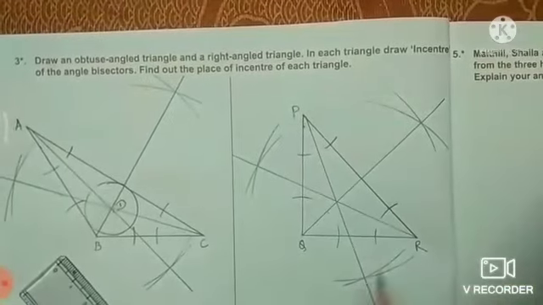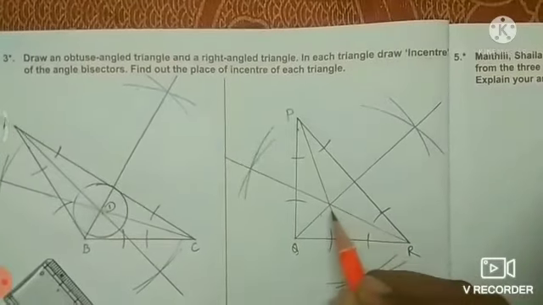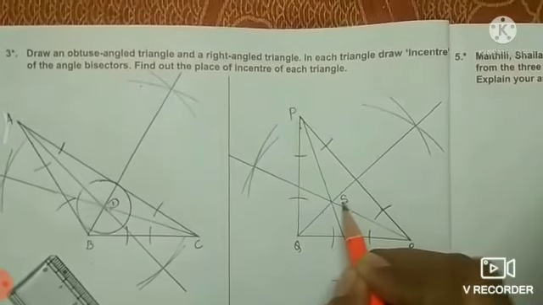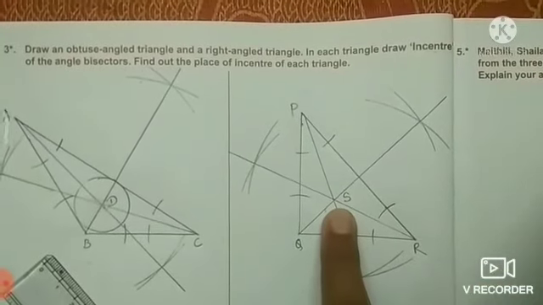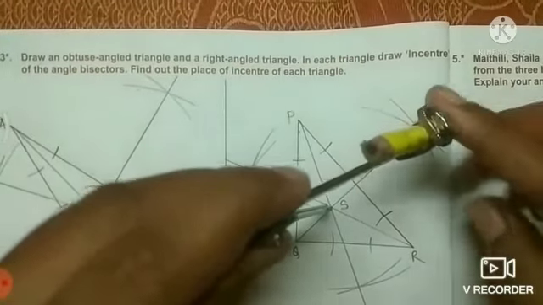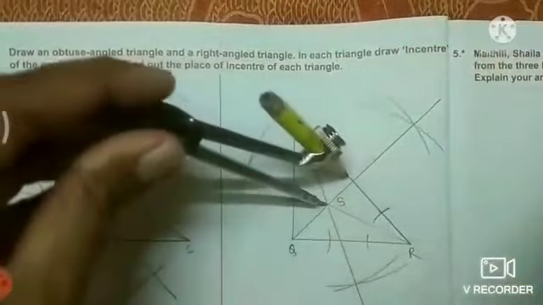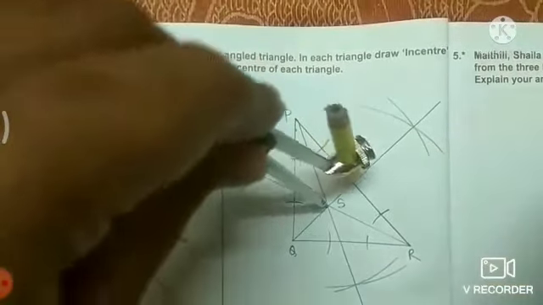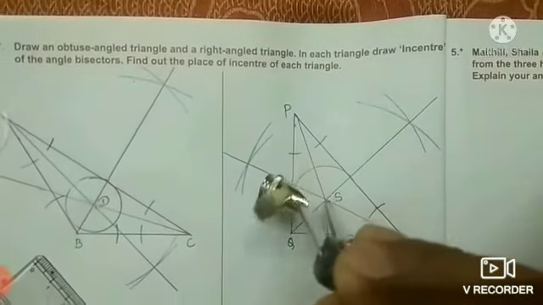Again in this triangle also, all the bisectors should intersect each other at a single point. Here we will give the name S. Now here also we have to draw an in center. Our point of concurrence, our in center, is S. So you will place your compass on S and take the measurement of this segment, and you have to draw the in center, which means you have to draw a circle inside your triangle.